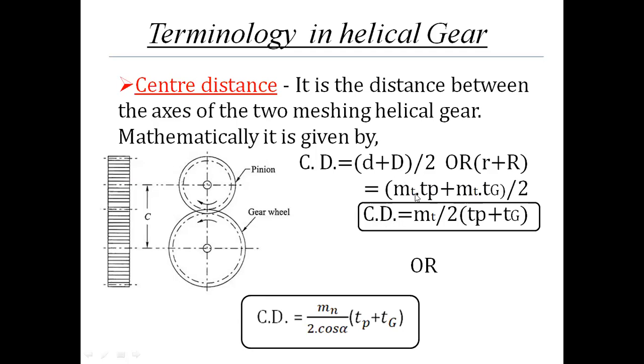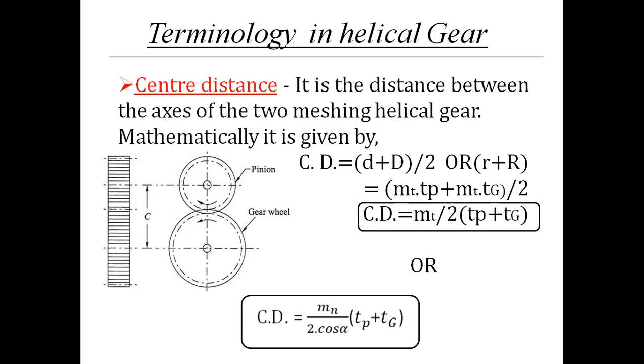The transverse module for both wheels is common, so taking mt by 2 common, center distance is mt by 2 into bracket tp plus tg. This is the formula for the center distance of a helical gear.